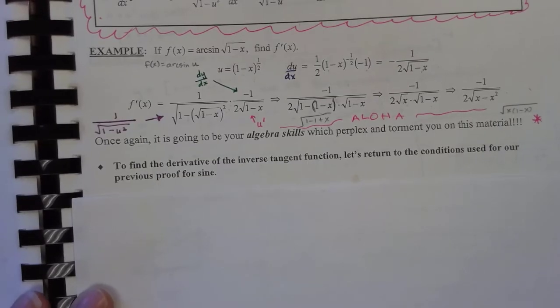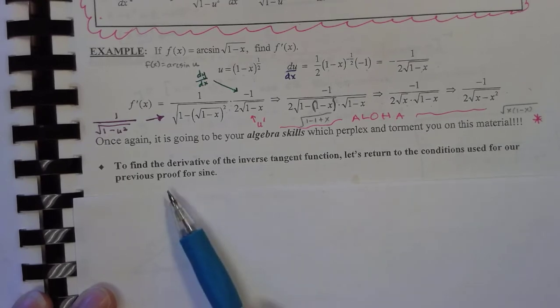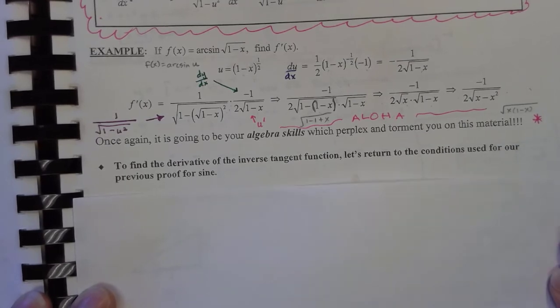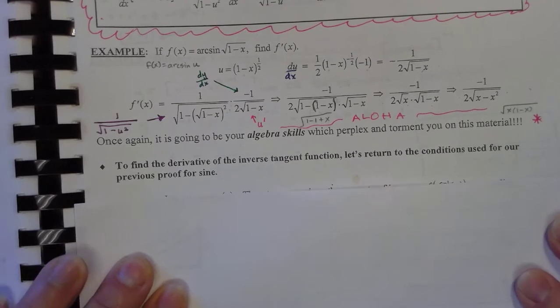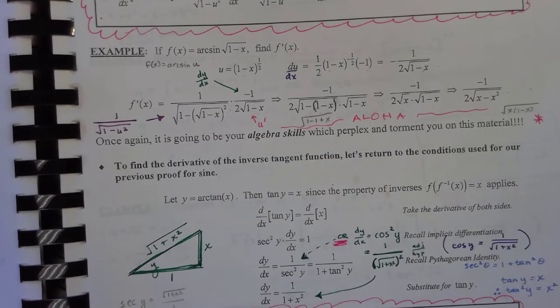Now, one of the properties you're going to need to know very well is the derivative of inverse tangent. So let's return to the conditions that we used for our proof of sine. Again, we're going to let y equal the angle whose tangent is x. So here's y. We know that tangent of an angle is opposite over adjacent.